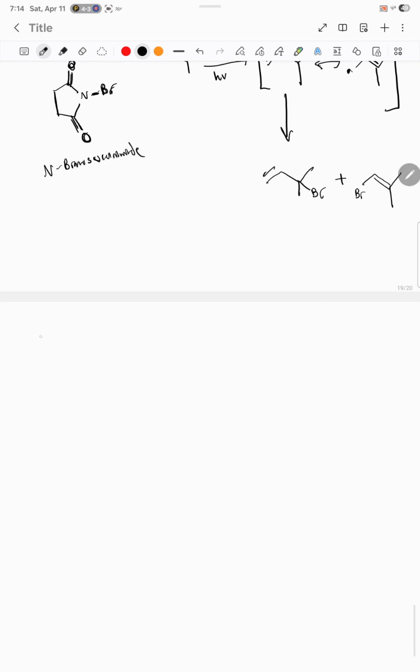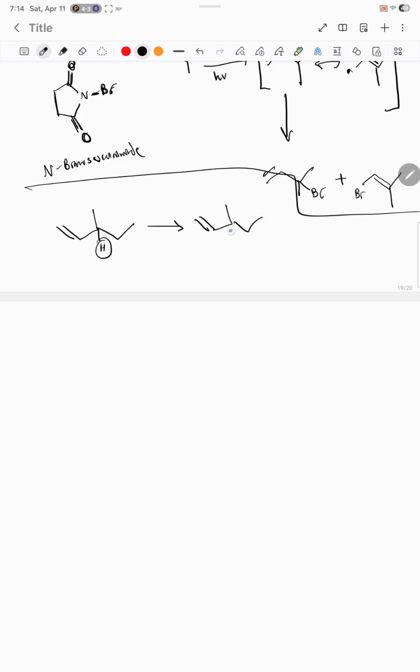Let's look at the possibilities with this. If we abstract the hydrogen there, we will get this, and with resonance we will also get this, with that bond there and this here.